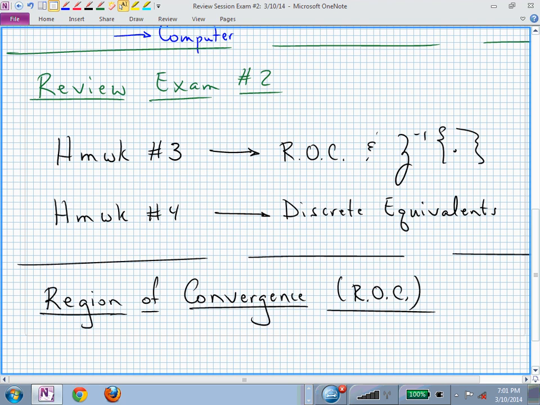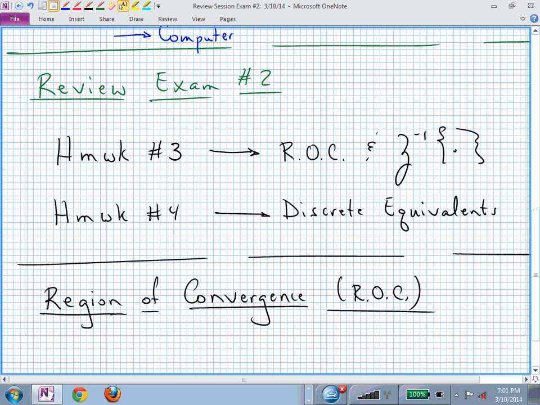So now what I want to try to do is provide some ways of thinking about this. It's really sort of 3 different concepts. We'll talk about region of convergence, how that's related to inverse Z transforms, and then discrete equivalence.